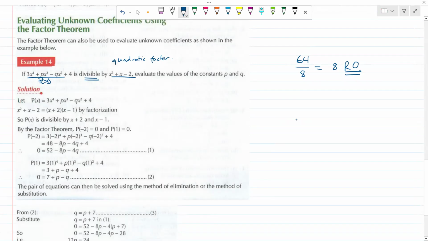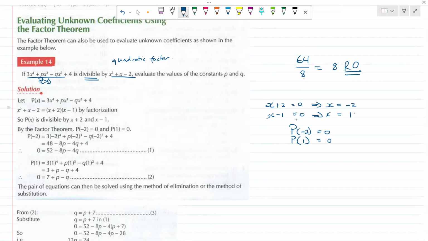So if we factorize x squared plus x minus 2, we'll get x plus 2 into x minus 1. It means that these two are factors of it. So if we substitute the values, x plus 2, x minus 1, when x is negative 2 and when x is positive 1, p of negative 2 should be equal to 0, and p of 1 should also be equal to 0.